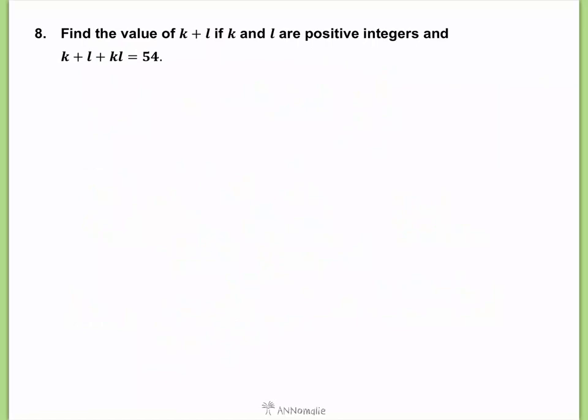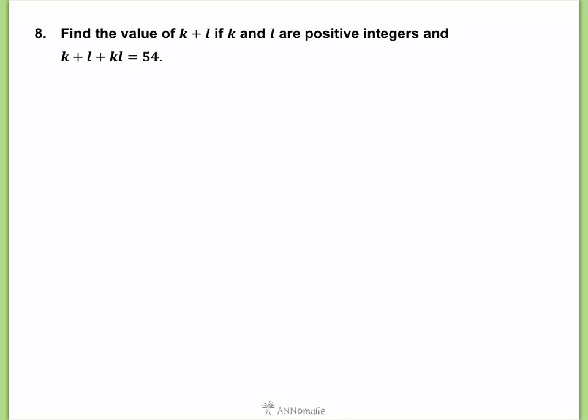Problem number 8. We want to find the value of k plus l if k and l are positive integers and k plus l plus kl is 54. If we look at this problem, the fact that k is part of kl complicates the issue.